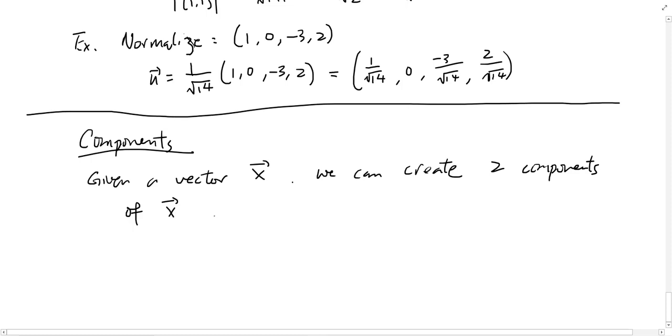And when we define these two components of x, I do need to define something about it. We want to create two components of x in the direction of the unit vector u.